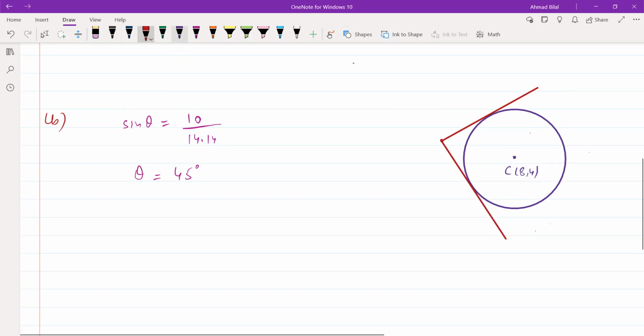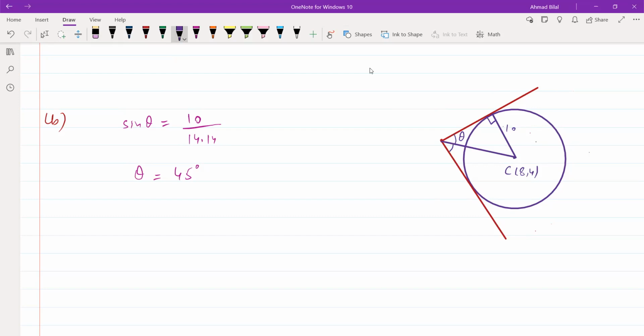We have found this angle here as well. We know that this is 90 degrees. This was 90, this was 10. We've shown this angle to be 45 degrees. We've shown this angle to be 45 degrees as well. This is theta, and this is also theta.